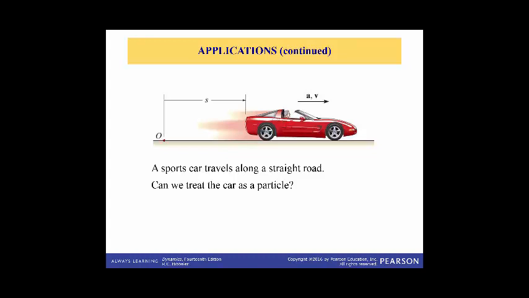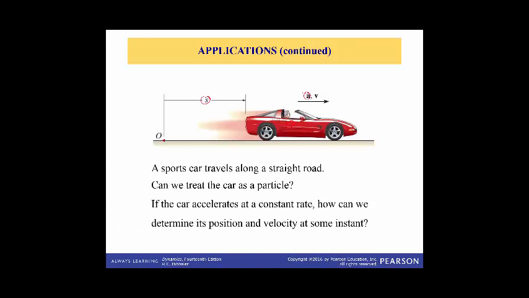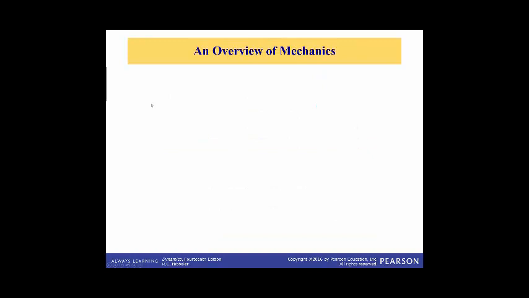So this car started at 0 and it moved a distance s, and it's going at an acceleration that's constant, and that gives it a velocity at different points. If we have a constant acceleration, that means that here you have a number, and how can we determine its position and velocity at some instance? So that's the question.